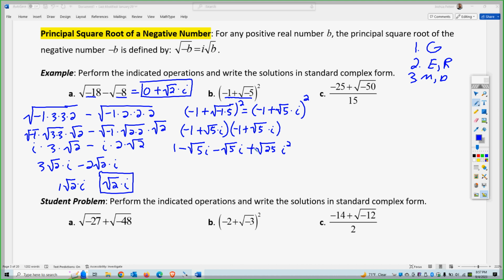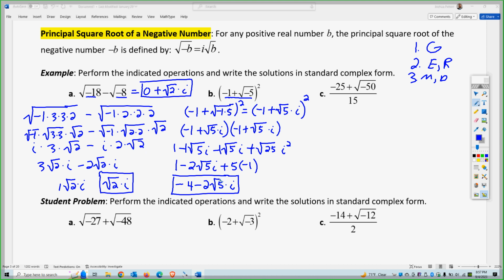Okay, so 1 minus 2 root 5 i, right? Because I have 1 here and 1 here, right? Plus 5 times -1, because again, i squared is -1. So it's really -5 plus 1, so -4 minus 2 root 5 i. Okay. And again, it's fine because root 5 is a real number, which is all a and b have to be. 2 root 5 is a real number, right?